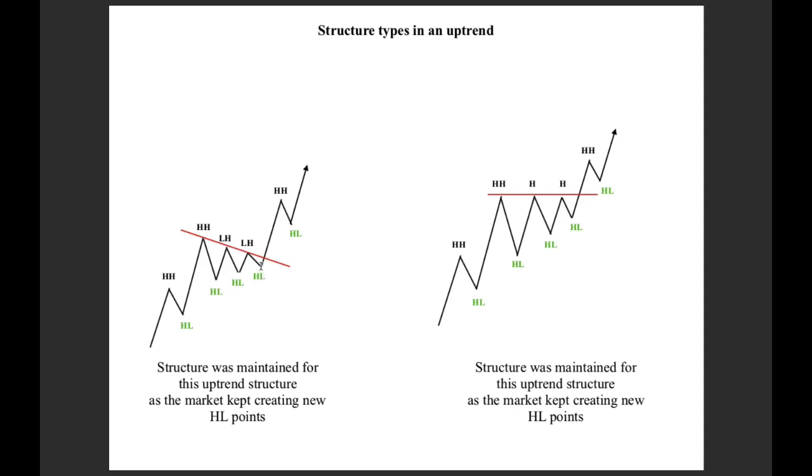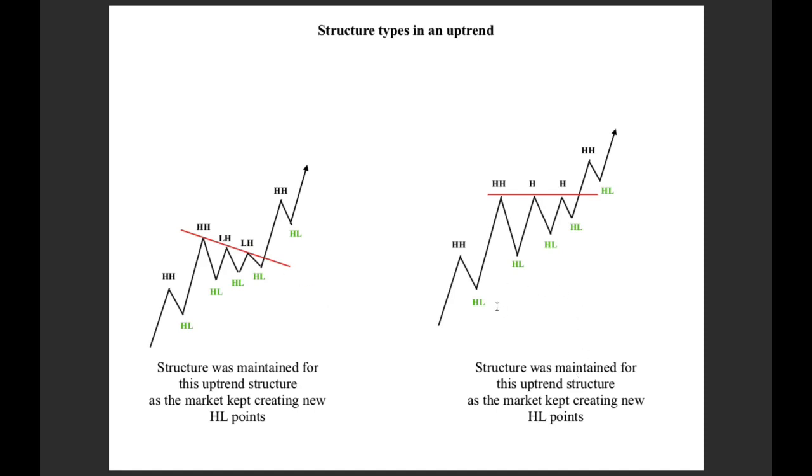Why? Because when the market breaks a higher low, that means structure is broken for the uptrend. If it doesn't, it's not broken. So we only wait for the higher low to be broken, and then structure is broken. If not, we just keep on creating higher lows, even though we're making lower high points. As long as we are making higher lows, our uptrend structure is being maintained.